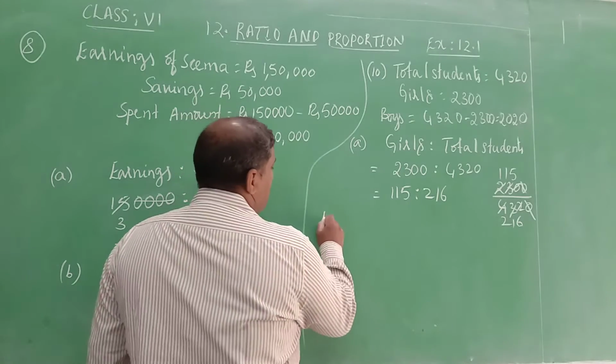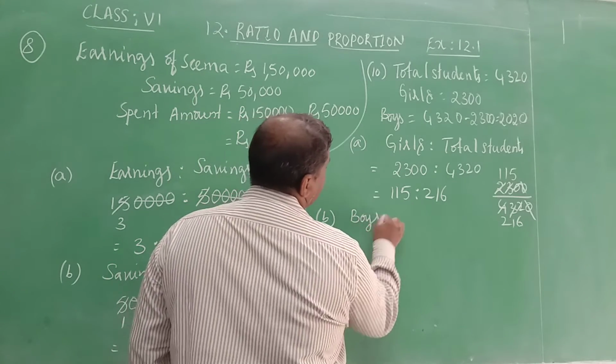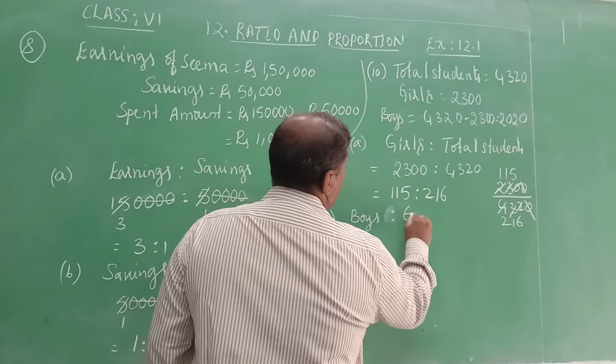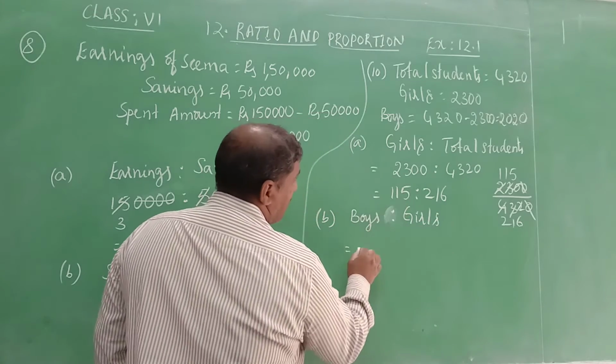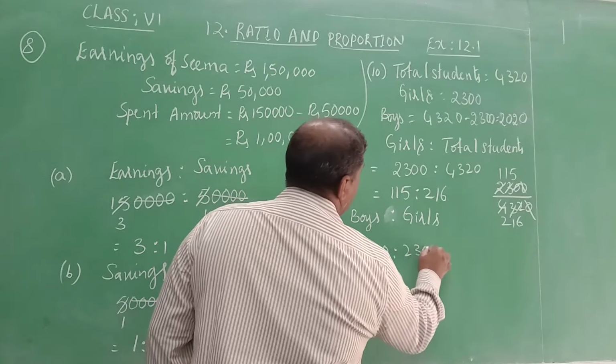Now find the ratio of the number of boys to the number of girls. How many boys are there? 2,020 is to 2,300.